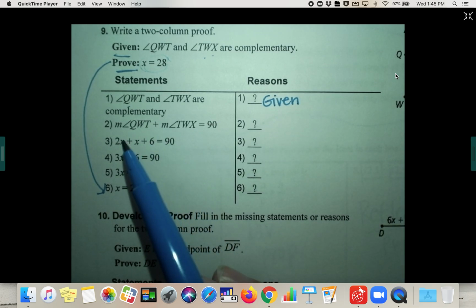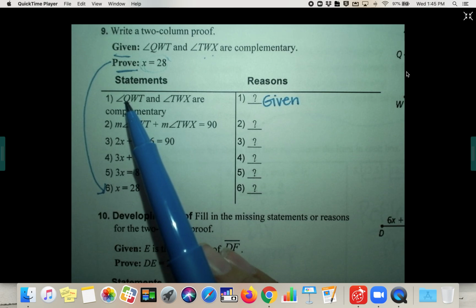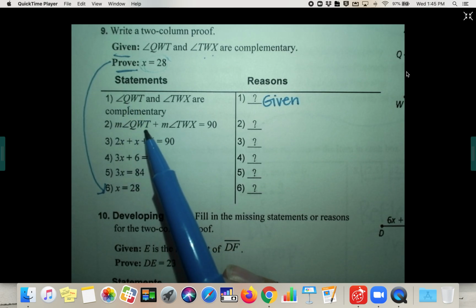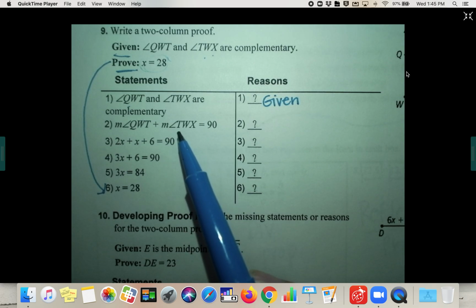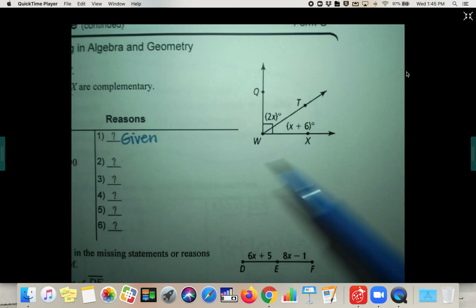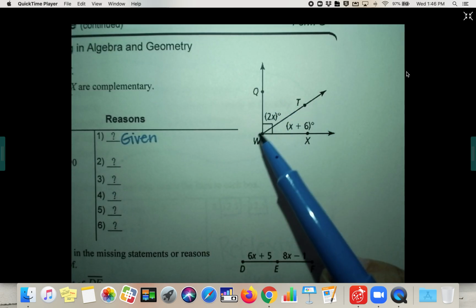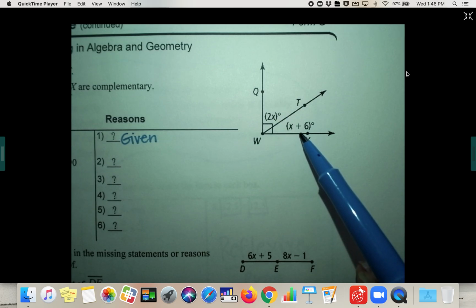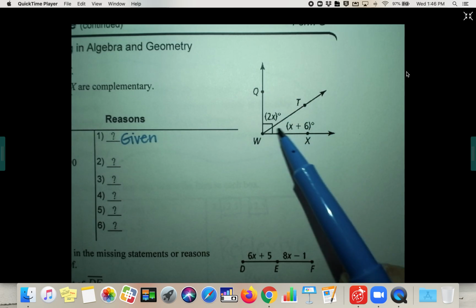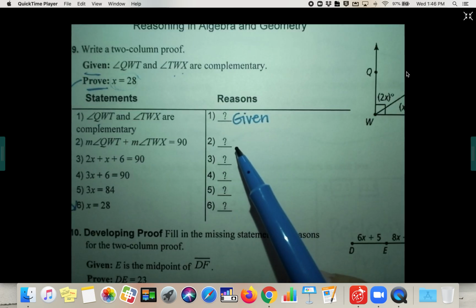Okay, the measure. So now we're not talking about just the angle, we're talking about the numbers, the measure of angle QWT plus the measure of TWX equals 90 degrees. And by the way, there's a picture that goes along with this, so I hope you guys are looking at that too. They're saying that the measure of this angle plus the measure of this angle equals 90 degrees.